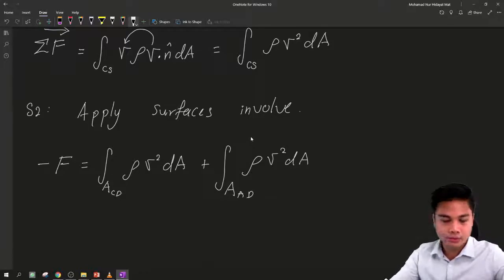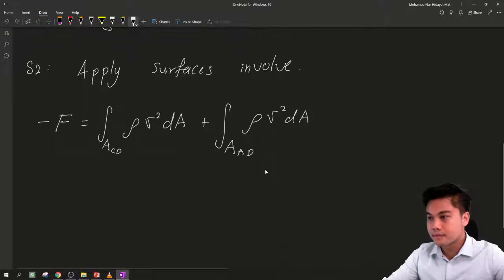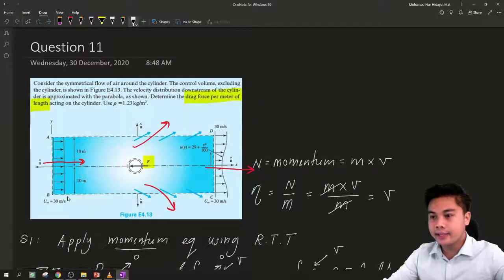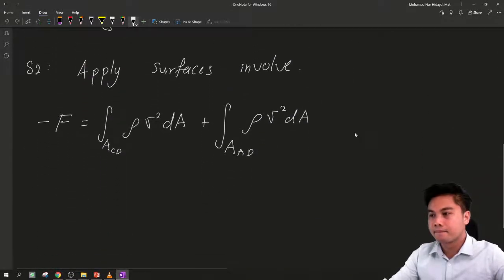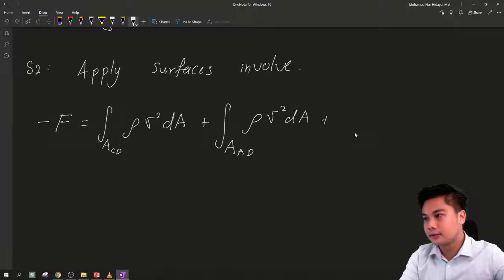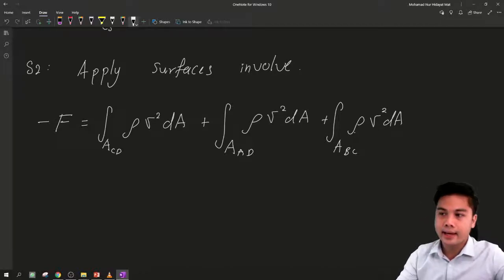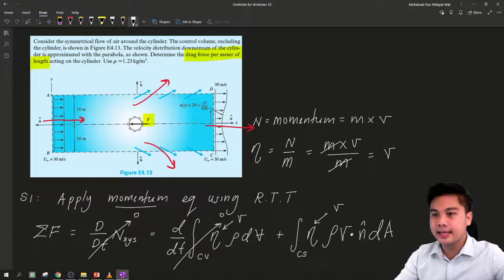And then after AD, we look at BC because AD is symmetrical with BC, plus area BC, rho V squared dA. And then lastly is AB.